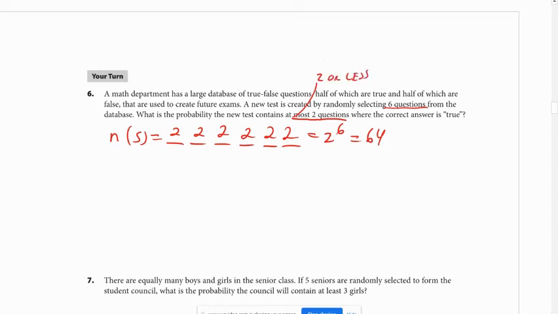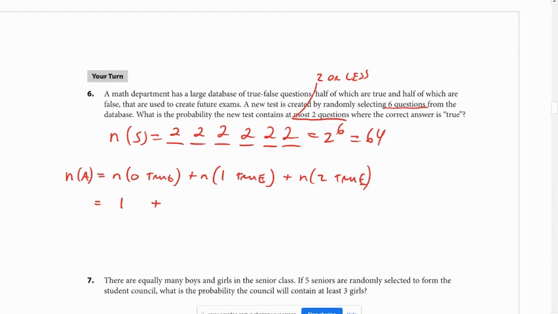Okay, so that means our number of items in our event A is the number of ways that we get 0 true, plus the number of ways that we get 1 true, plus the number of ways that we get 2 true. Okay, and so 0 true, that means they're all false, so there's only one way that that happens.